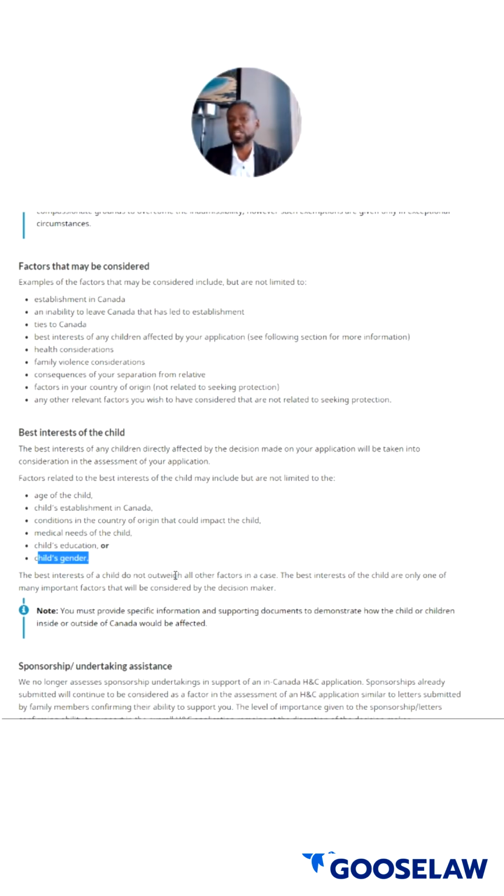If the applicant is a mother with a female child, a young female child, then that may be a crucial matter in an application of this type. So those are some of the factors that are going to be taken into consideration when a decision is being made on an application for permanent residency on H&C grounds.